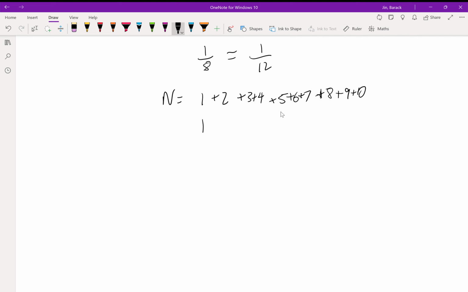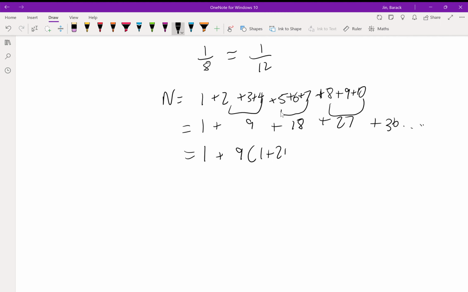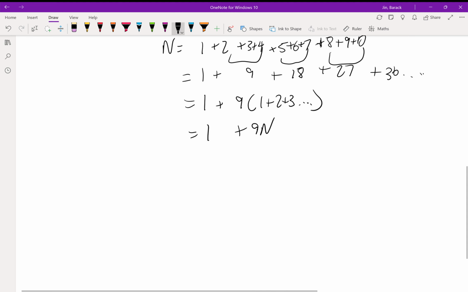This equals 1 plus 9 plus 18 plus 27, and so on and so forth, equals 1 plus 9 times (1 plus 2 plus 3, and so on and so forth). And this equals 1 plus 9n. And so therefore we know that minus 8n equals 1. And n equals minus 1 over 8.